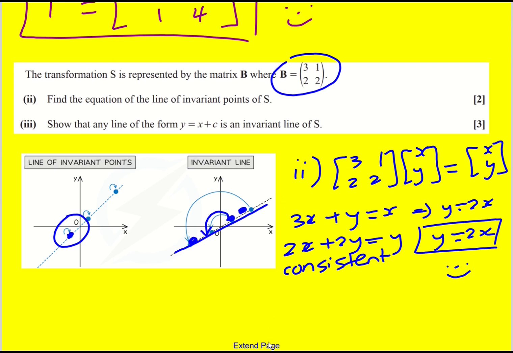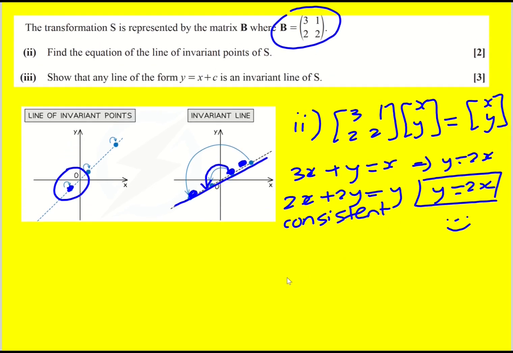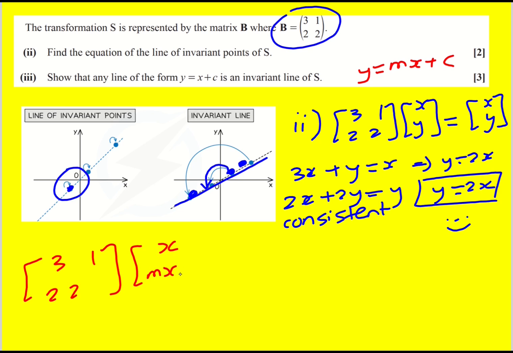Now for the invariant line. I'm just going to talk about the general idea. It would be the matrix 3, 1, 2, 2 applied to the coordinates (x, mx plus c), because for our invariant line in general, y equals mx plus c. So you'd write mx plus c there, because that is my value of y that goes with the x.